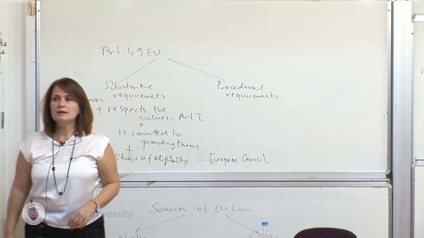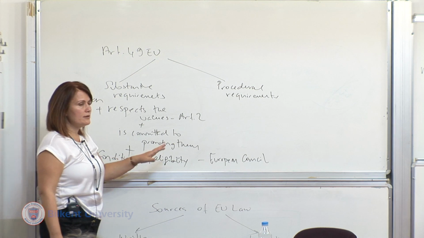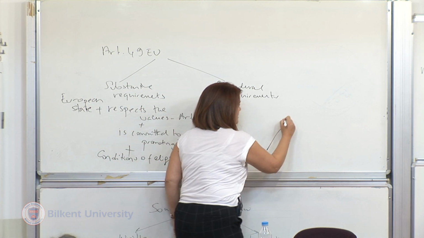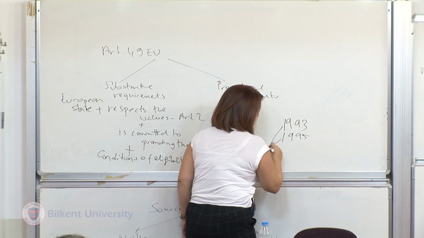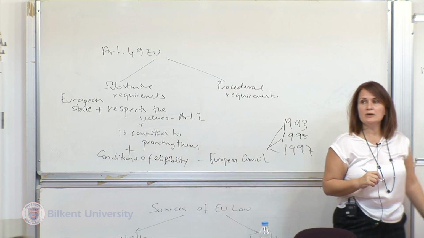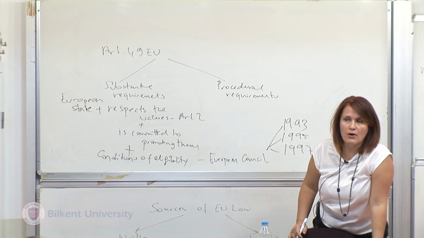Do you remember? Now it meets in Brussels. In three meetings of the European Council, in 1993, in 1995, and in 1997, the EU leaders decided on the conditions of eligibility for membership.